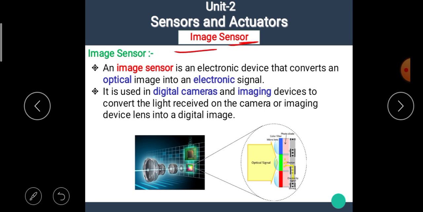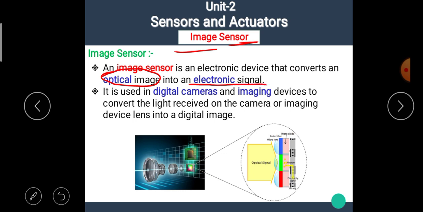What is image sensor? An image sensor is an electronic device that converts an optical image into an electronic signal. The optical image means it converts the light image or the graph of light into its equivalent electrical signal.